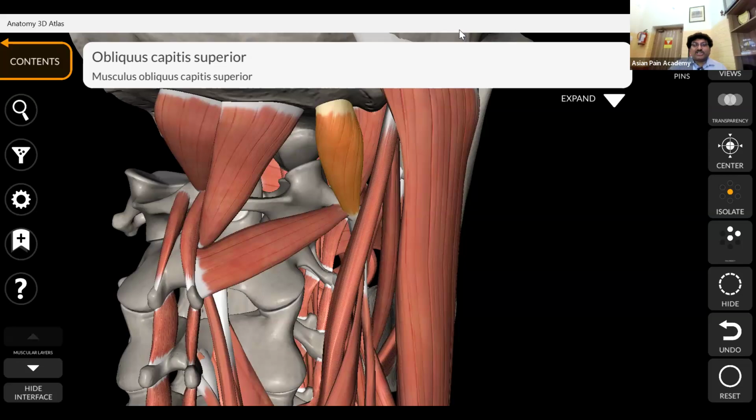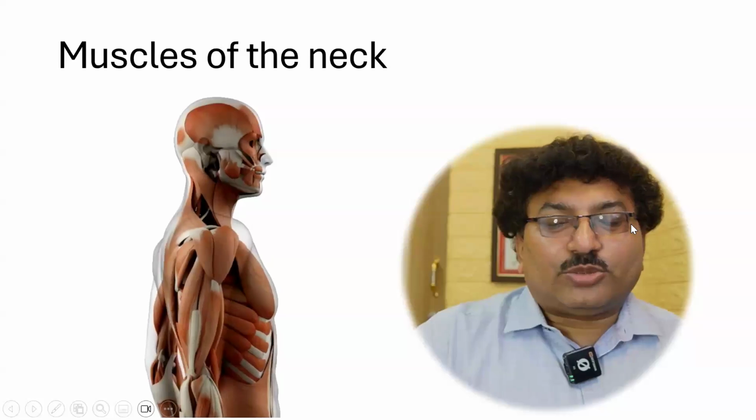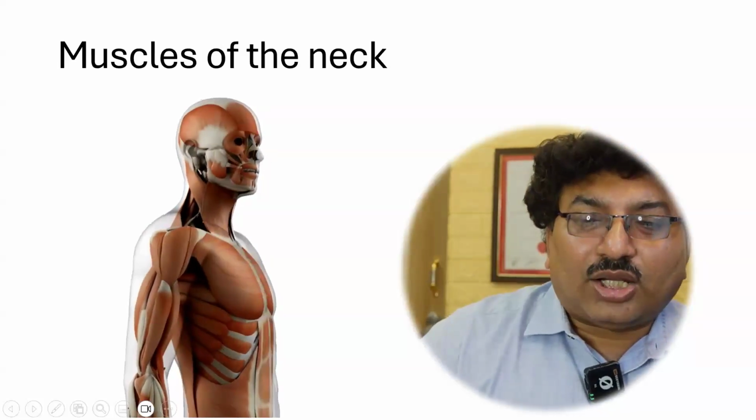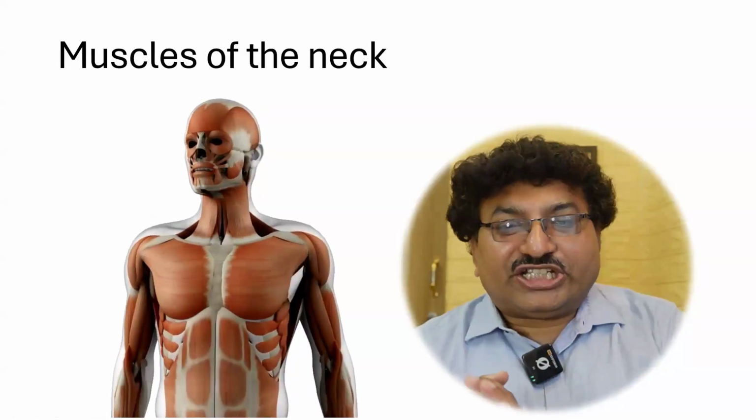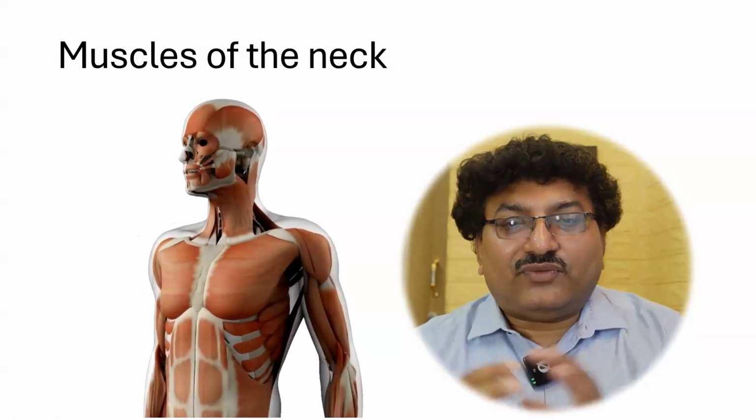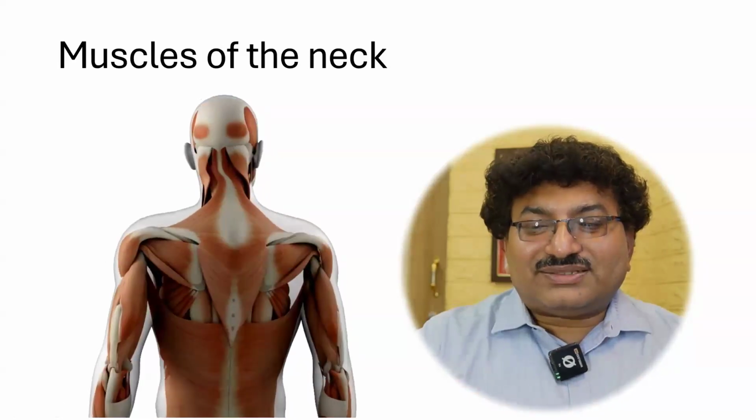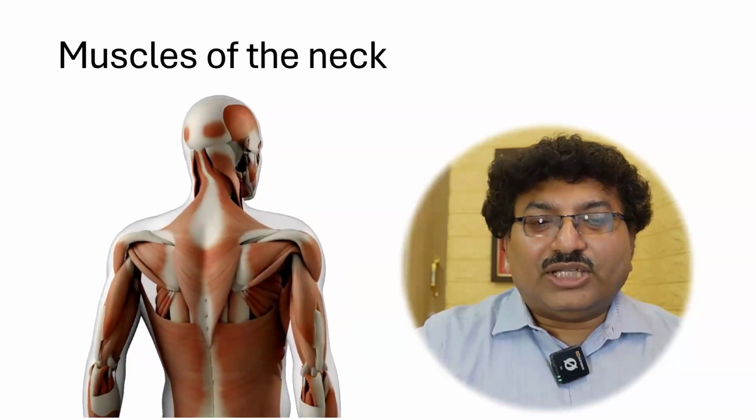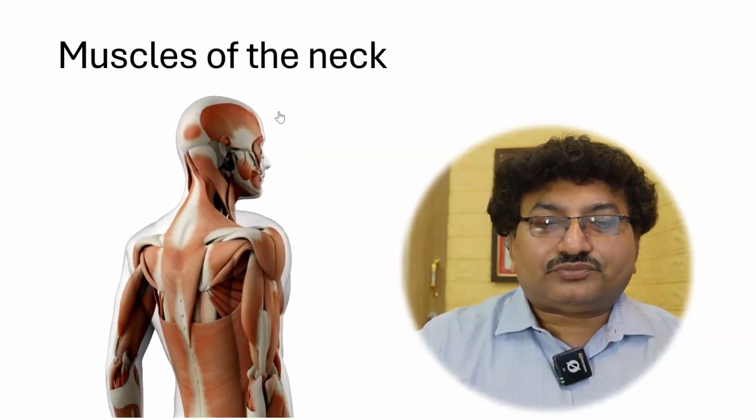So I think this much anatomy is quite good. I will not be digging deeper into the anatomy because we will learn the anatomy with time, with the patients and with other things. So the muscles, then we have the important nerves and vessels.